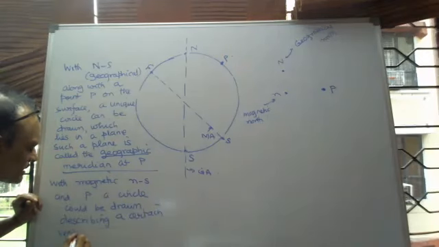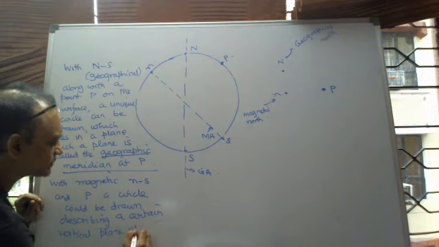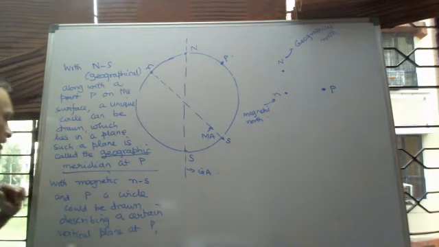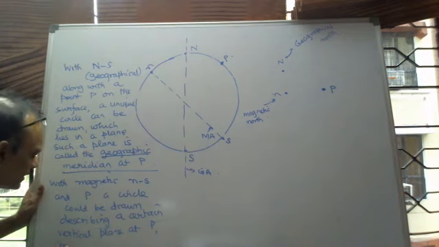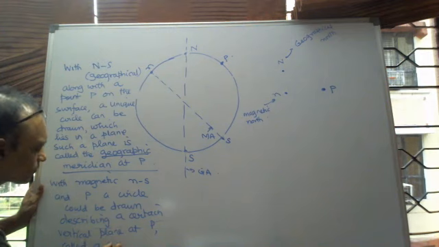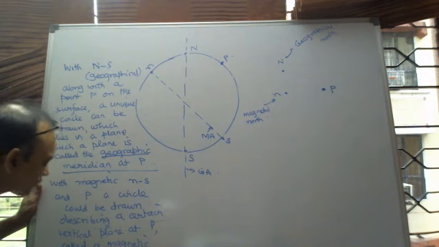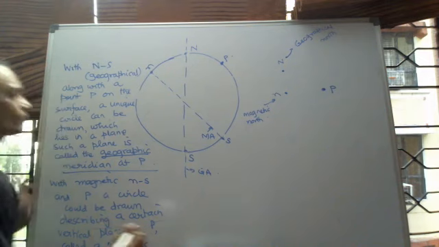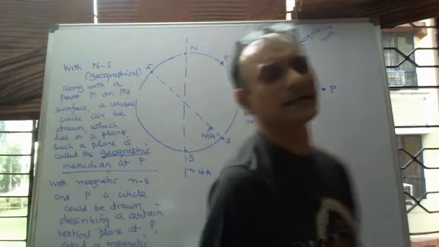Vertical plane, describing a certain vertical plane. And P, उसको कहते हैं मैग्नेटिक मेरिडियन. Called a magnetic meridian.